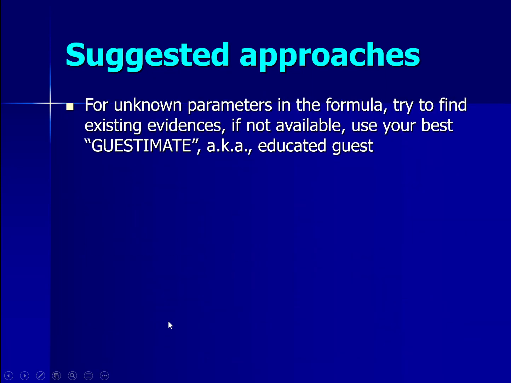I emphasize again the approach that for unknown parameters in the formula of sample size calculation, try to find existing evidence. I mean, search the literature and see what the effect could possibly be, as found in other literature, and what the standard deviations or variations in other cases of the outcome are.